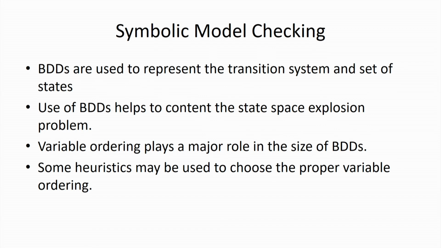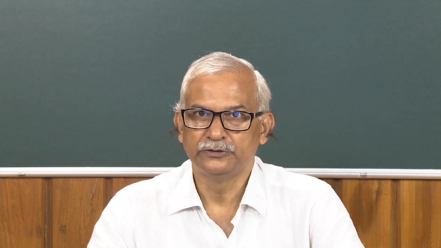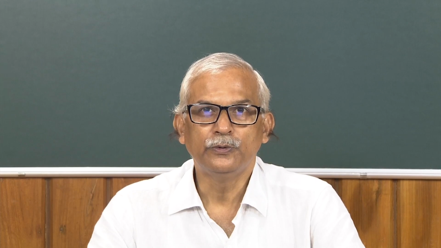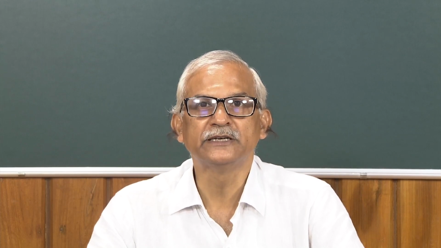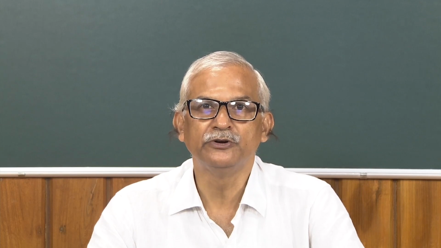Variable ordering plays a major role in the size of the BDDs, so we use some heuristic to choose the proper variable ordering. These are the basic points we have to keep in mind while implementing the model checking algorithm in a symbolic way, that means using OBDDs.